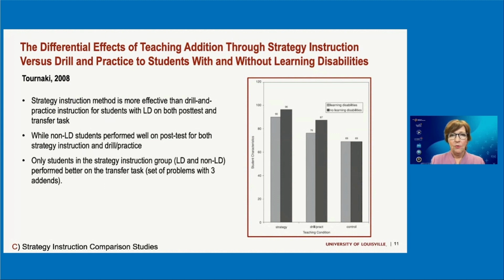The students with no learning disabilities benefited from both groups. In both cases, the explicit instruction outperformed the control group, which were students in the classroom learning whatever was happening in their classroom, not basic facts.